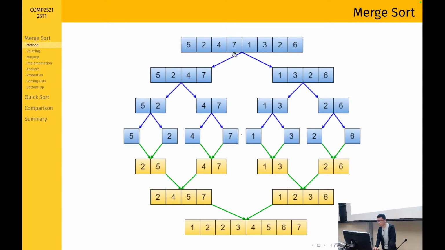With bottom-up merge sort, we're not starting from the top, we're starting from the bottom. So we're merging these two together, these two together, these two together, and then we're merging progressively larger and larger subarrays until we end up with one full subarray.